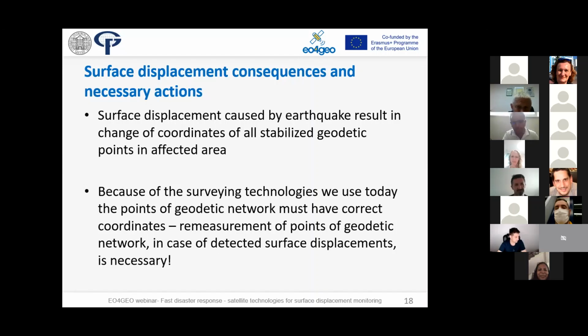And since, as I said, we rely on GNSS technology, we also ultimately have to have correct coordinates for all those points. So we have to remeasure the points of a geodetic network to be able to use those points and also CORS stations in future.